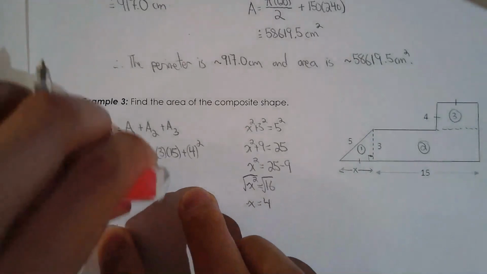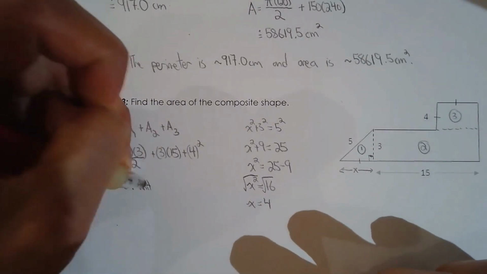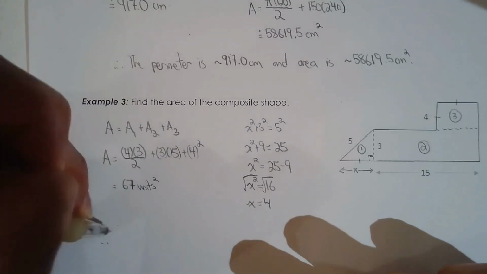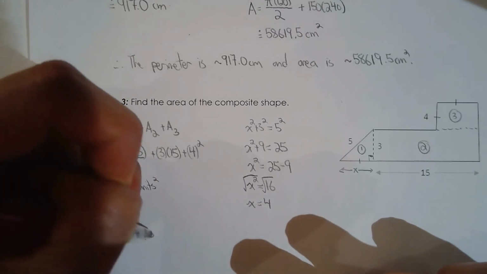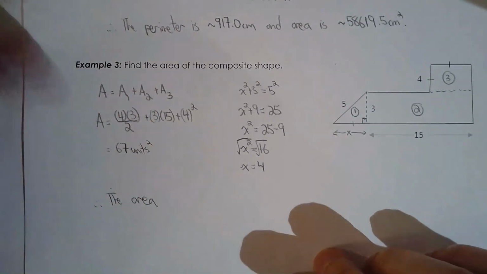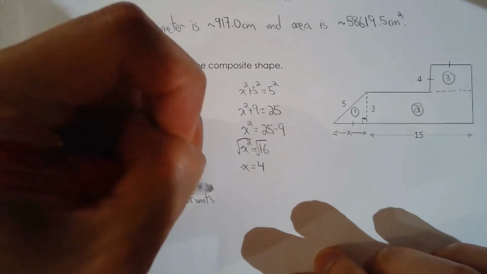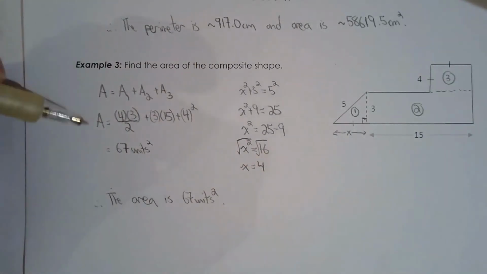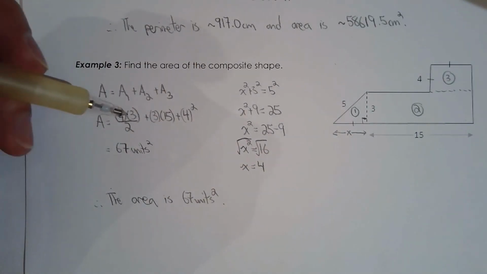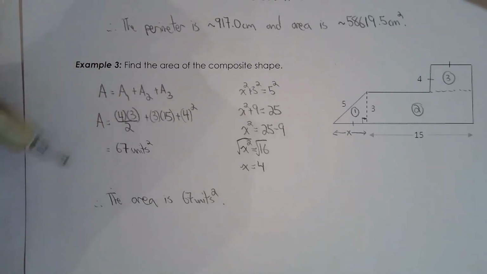It's just square units. All right, let me just triple check this calculation. 4 times 3 is 12. 12 divided by 2 is 6. This is 45, 16. Yep, sounds reasonable.